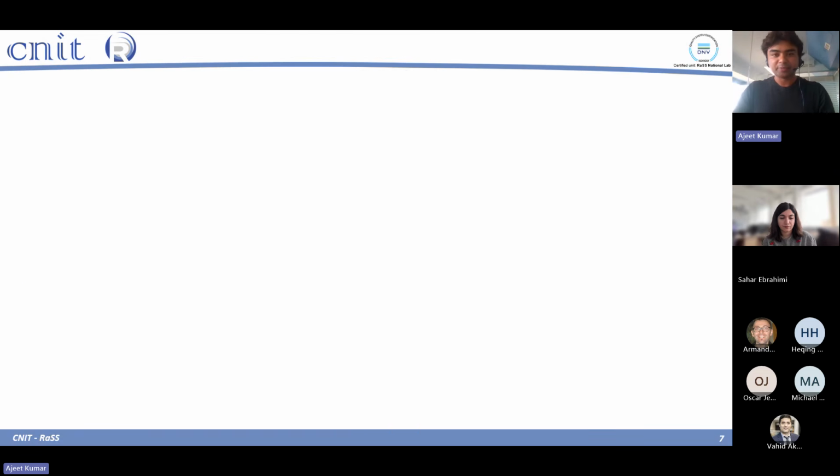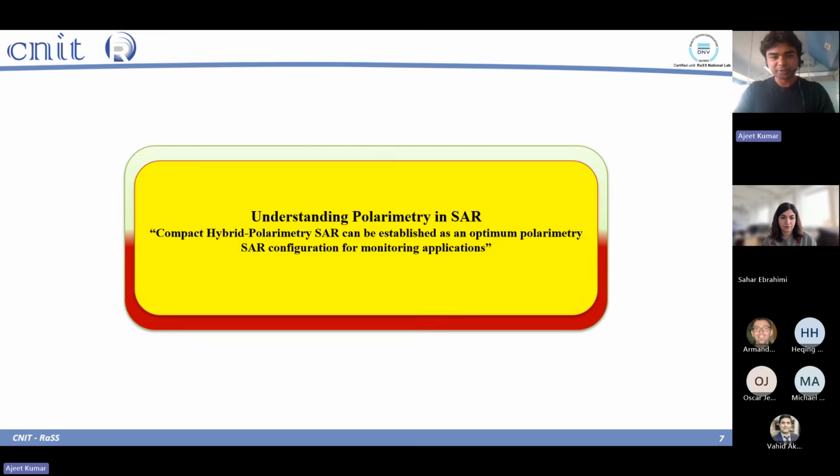Now, let's briefly try to understand the polarimetry in SAR, that is, how different polarimetric configuration-based synthetic aperture radars are acquiring different channels of information from the ground.